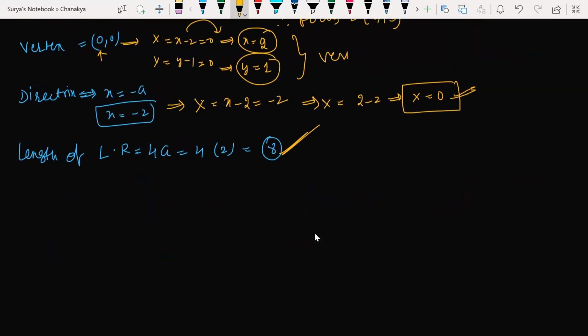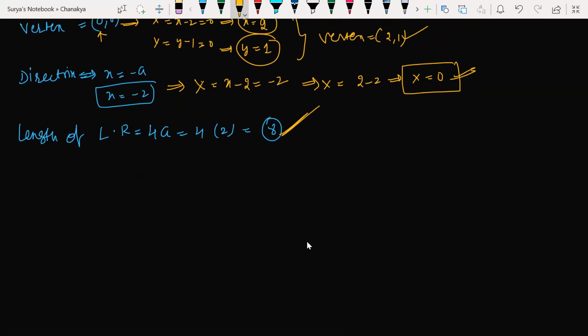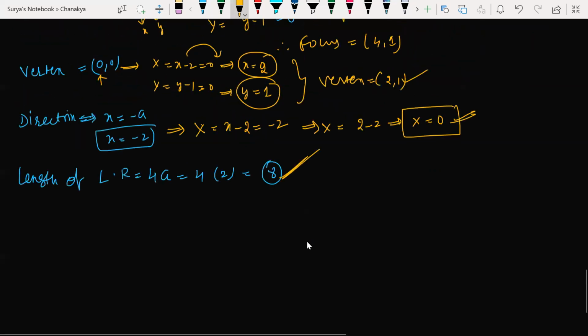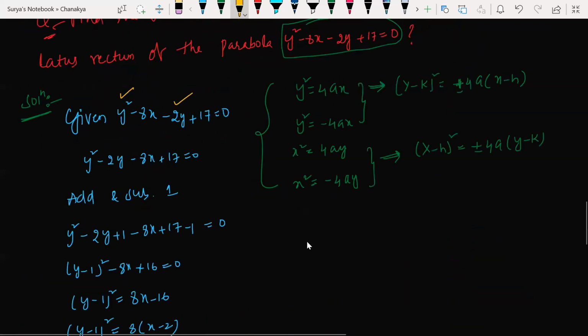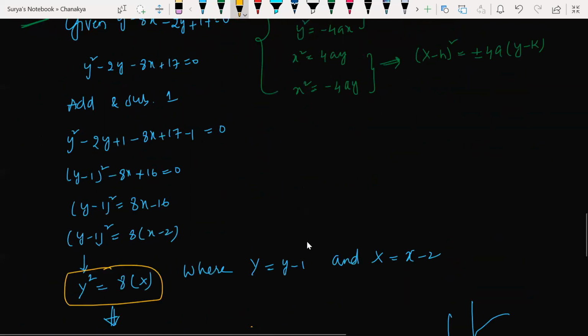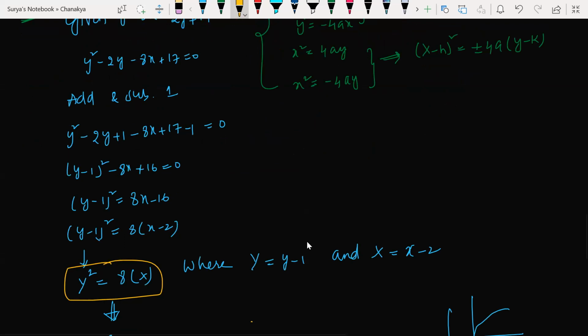So vertex at 2, 1. Okay? So this is how you need to find out. Okay, people, any doubts here? No, sir. Very simple, isn't it? So what we did here, I just converted my parabola into a standard parabola using the perfect square method.